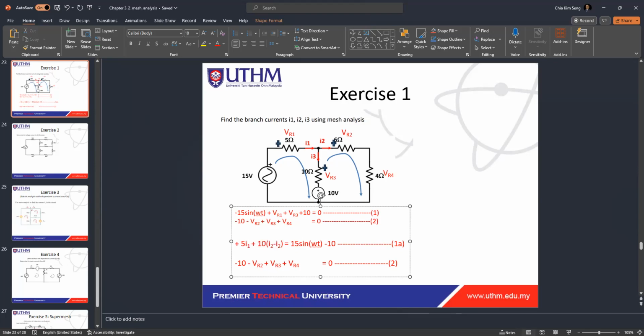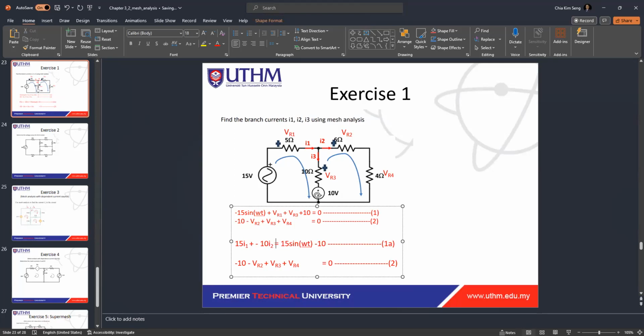So next we want to group it, it is I1 minus I2. Next you're going to group the coefficient of I1. So you get 15 here, and then you get the minus 10 here.